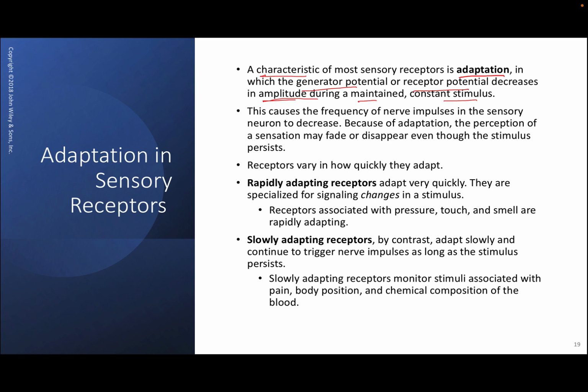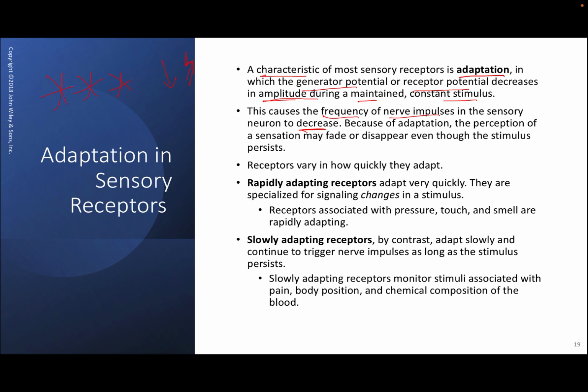This, as a result, causes the frequency of nerve impulses in our sensory neurons to also decrease. So we still have the same amount of stimulus, but we now have a decrease in the number of action potentials or nerve impulses being generated each time.